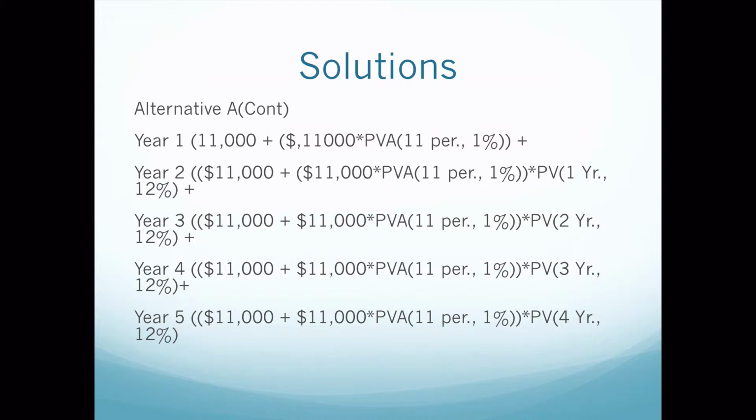And then for the following years, we need to discount those forward. So we have the same exact formula for year 1 through year 5 for the rent during the year, and then we need to discount it using the PV for 1 year at 12% on year 2, 2 years at 12% on year 3, going down to 4 years at 12% on year 5.